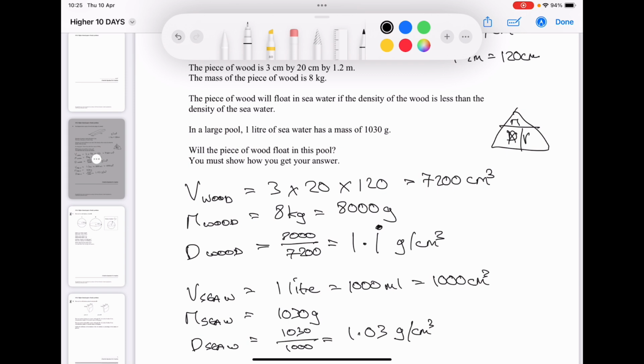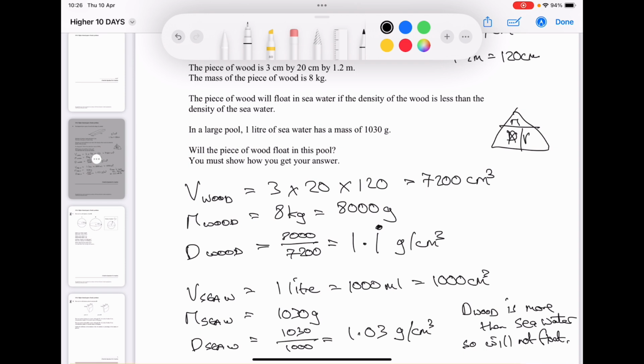So density of wood is more than seawater. So will not float.